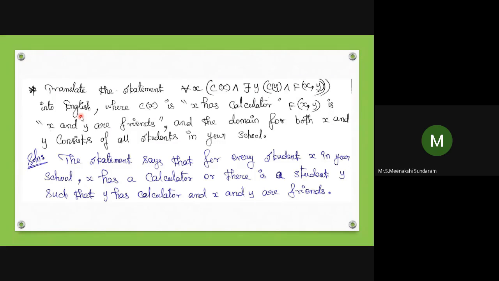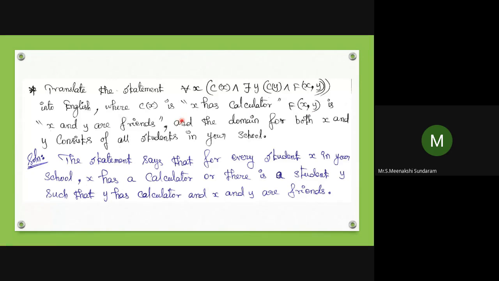Okay, what is the given C of x? C of x is x has a calculator. What do you mean by x? Finally, they are in the school. Yes, x and y range over all the students in your school or college. C of x is x has a calculator. F of x comma y is x and y are friends.